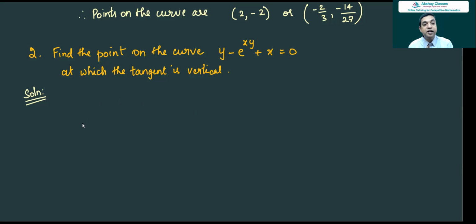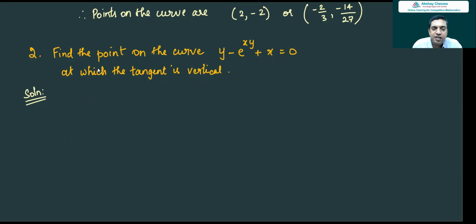When the tangent is vertical, what is the slope of the y-axis? Infinity. That's right. That means the reciprocal of the slope should be 0. So, dx by dy should be 0 in this case. So, let us anyway try this. Best is what to do. You want to find dy by dx.